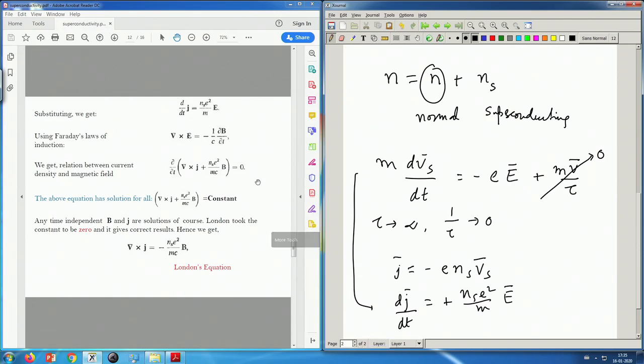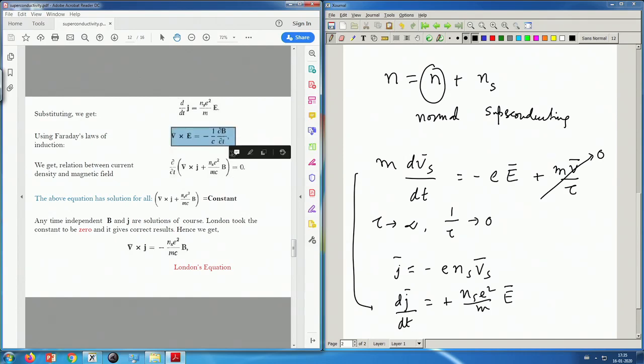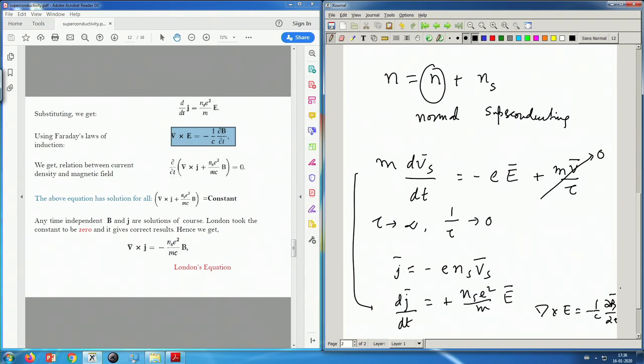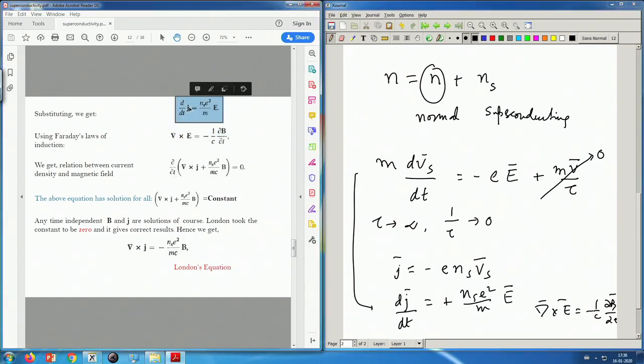Then the procedure is fairly straightforward. Use Faraday's law, which is this: curl E equal to minus 1 by c del B by del t, which I wrote a few minutes back. You can go ahead and take a curl on both sides of the above equation.